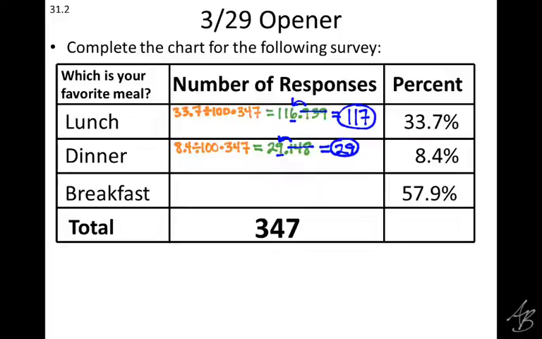Last one, doing the same thing. 57.9% of 347 is going to look like what when we type it in the calculator? Okay, and what do we get? 200.932.